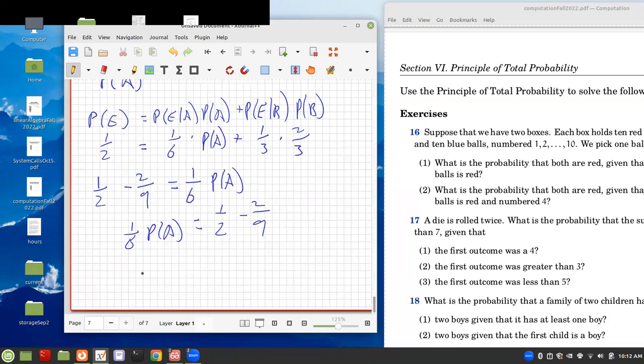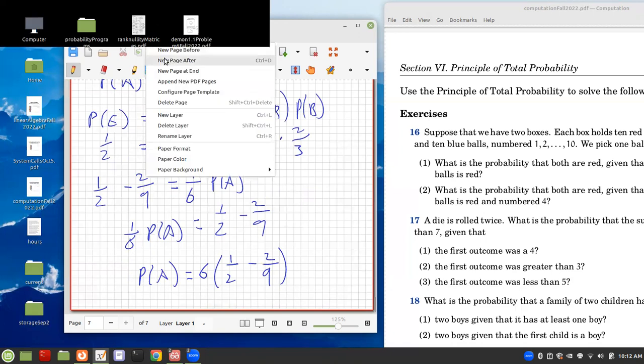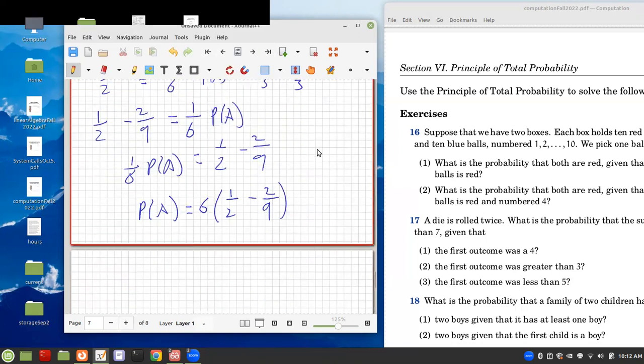And then we can multiply both sides by 6 to get probability of A equals 6 times 1/2 minus 2/9.